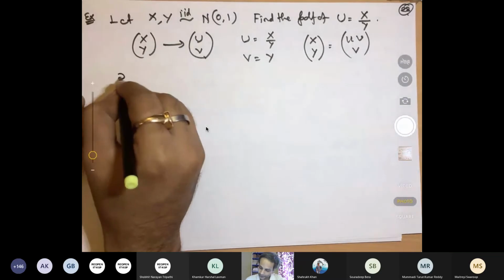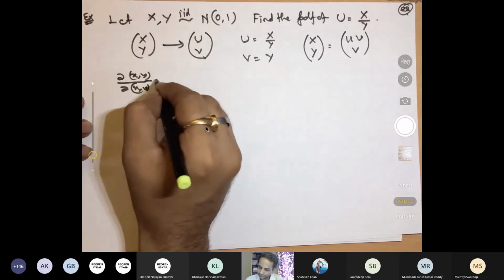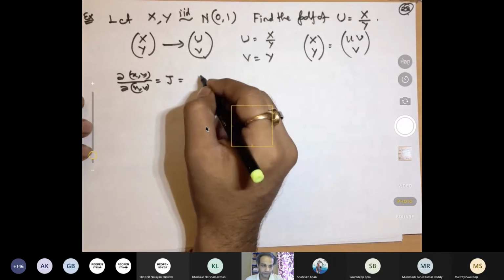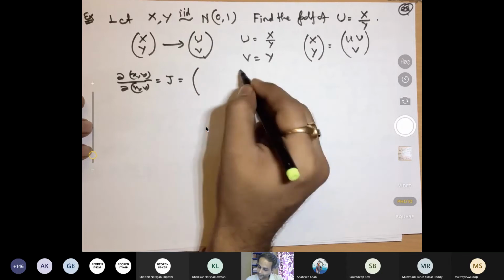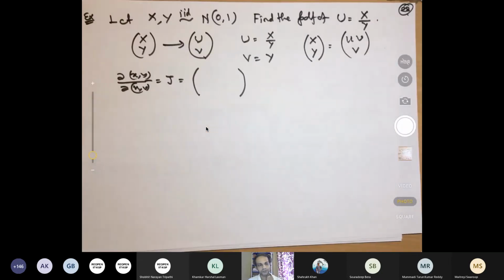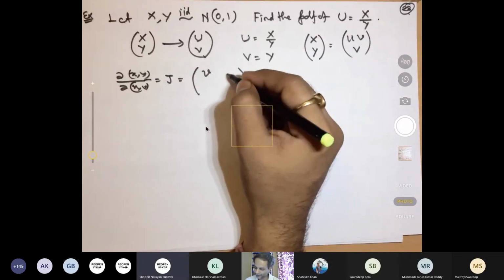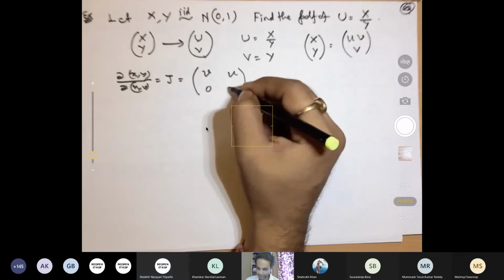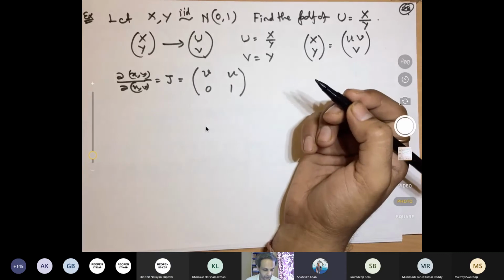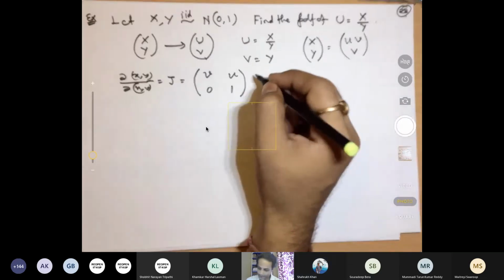So the Jacobian, del xy del uv, what should it be? Whatever the arrangement, it will be the same; it doesn't matter.